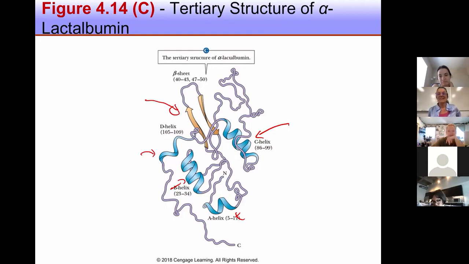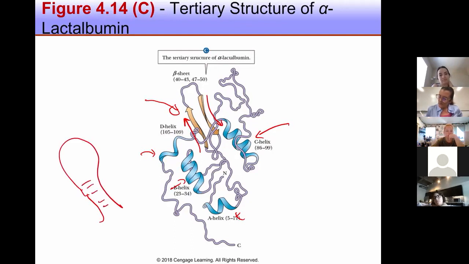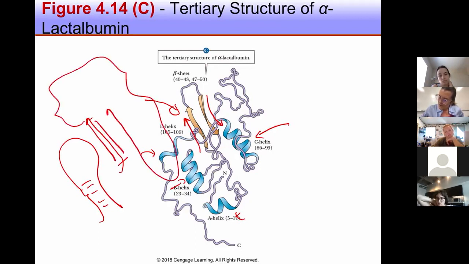Yeah, it's anti-parallel, because it's going in this direction here and that direction there. Anytime you see a sheet that's separated by a turn, it has to be anti-parallel. The only way to get parallel is to have it be like, here's your ribbon, right? Then the protein does something else, and then it comes back that way. That would give you parallel.